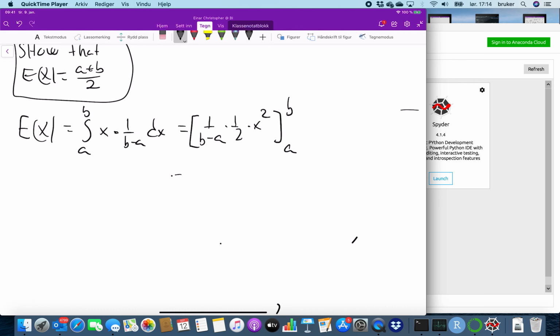And then we put in b and a, so we get b in the power of 2 over 2 times b minus a. Then b is put in for x. And minus the lower limit, a in x will be a in the power of 2 divided on 2 times b minus a. And this we can combine like this, b in the power of 2 minus a in the power of 2 divided on 2 times b minus a.